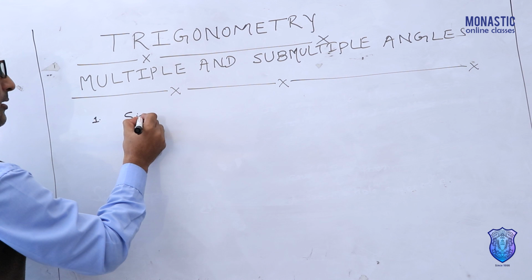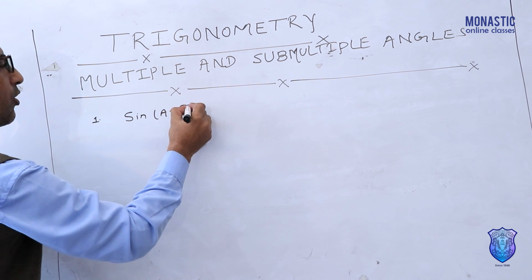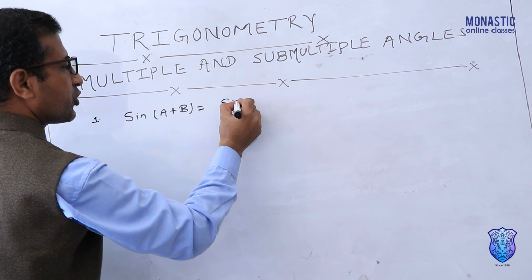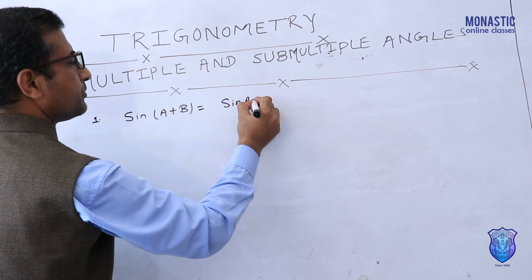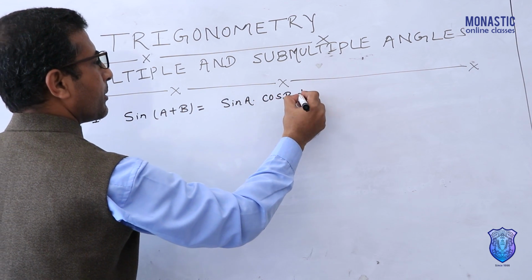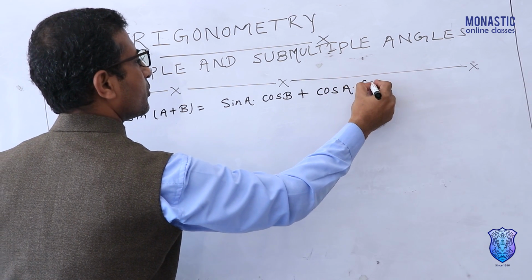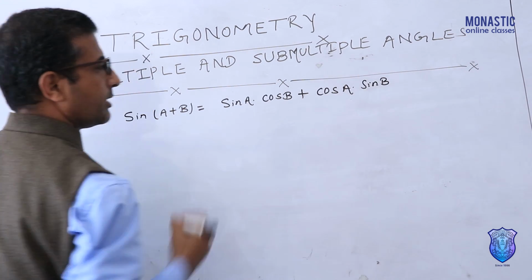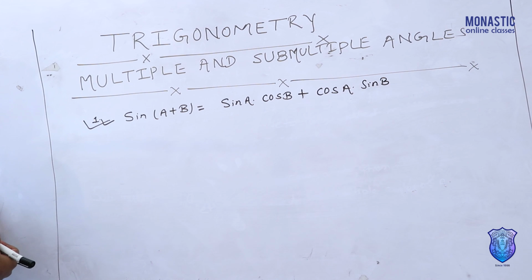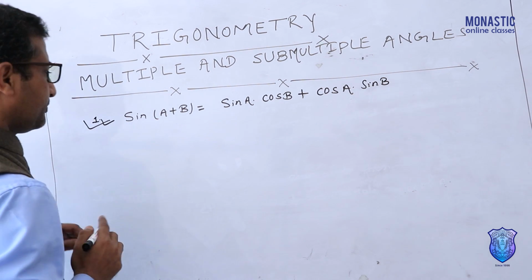It is sine of A plus B equals sine A cos B plus cos A sine B. That's the compound angle formula which we have already completed in class 9.